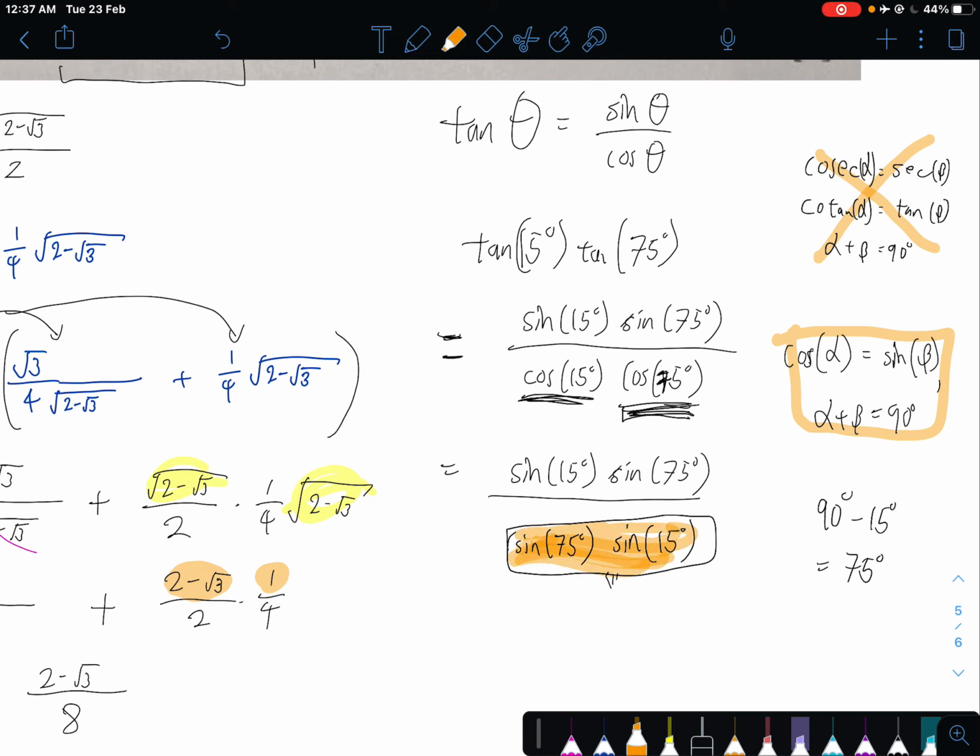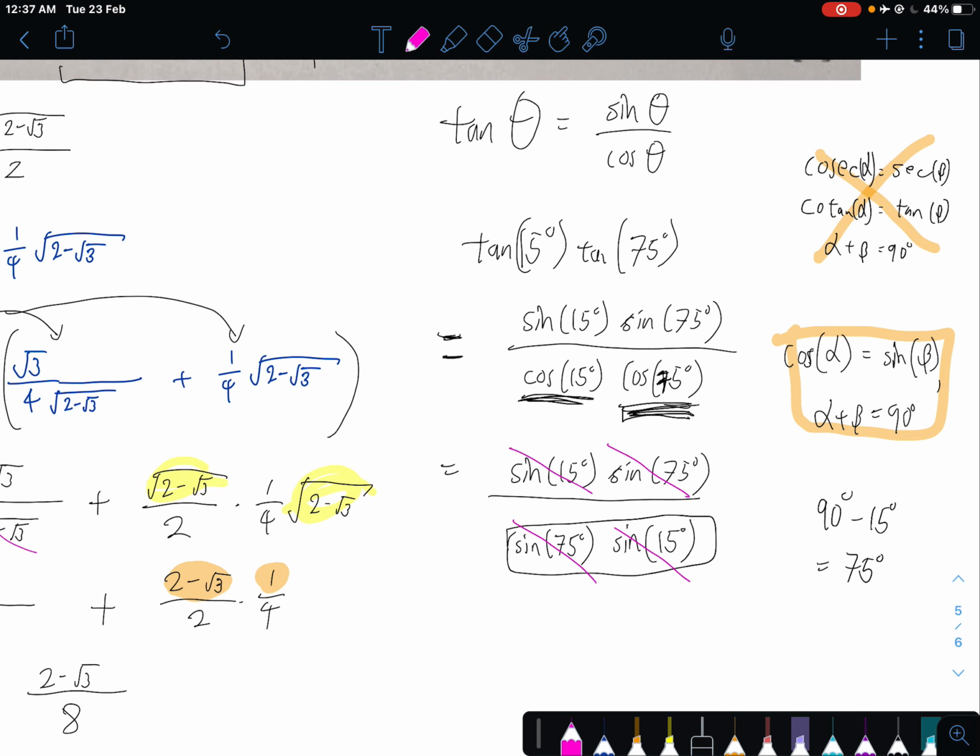So what does this mean? It means that you look at the top and the bottom, and they both share the same common factor. Sine 75 degrees, cancel off. Sine 15 degrees, cancel off.